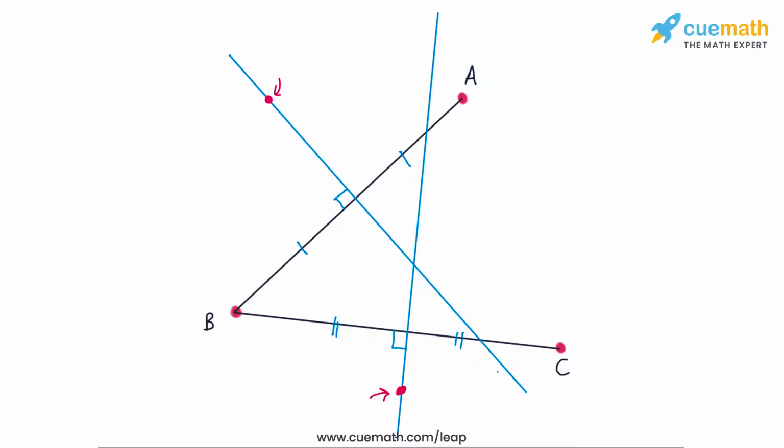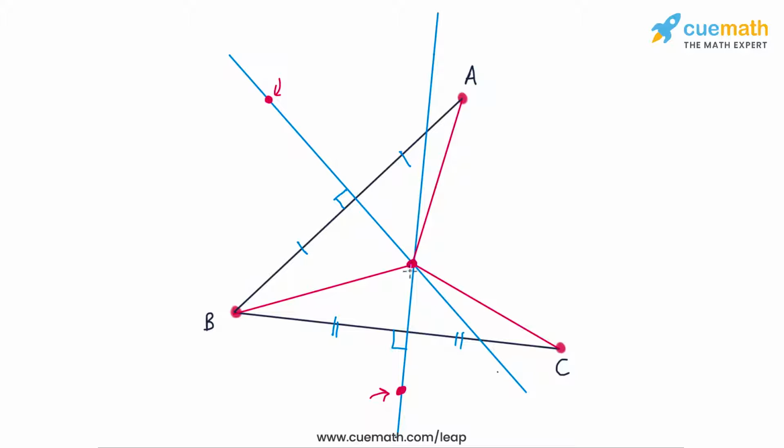And this means that if I take the point that is on both perpendicular bisectors, which is just one point, this point here, the intersection of the 2 perpendicular bisectors, this must be equidistant from A and B because it lies on the first perpendicular bisector, but also equidistant from B and C because it lies on the second perpendicular bisector.